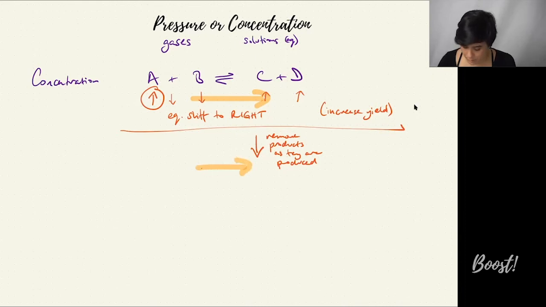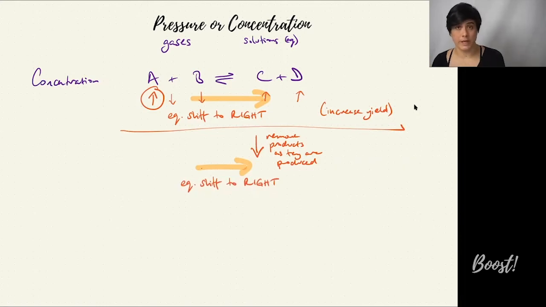I'll just copy this actually. So equilibrium will shift to the right. And that will have the effect of increasing the concentration of your products. So again, this will have the effect of increasing the yield.